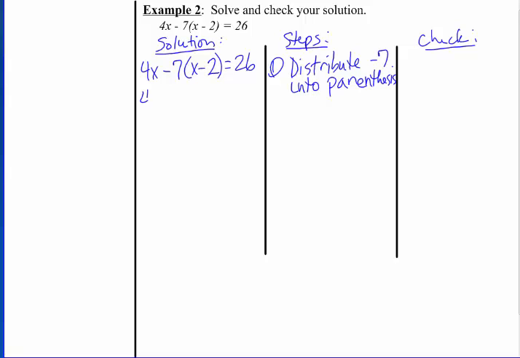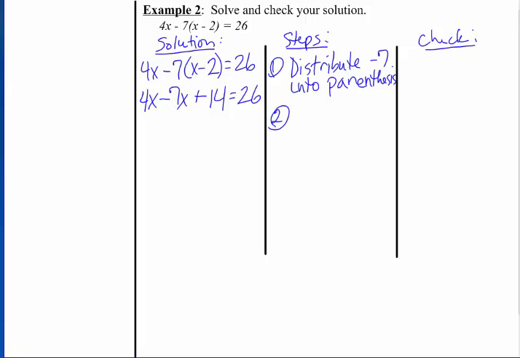So we've got 4x. Don't forget there is a minus in front of that 7, so you have to carry the minus in with the 7. So this is like a -7 times x, so minus 7x. -7 times -2, there are 2 minuses there, that changes to a plus 14 equals 26.